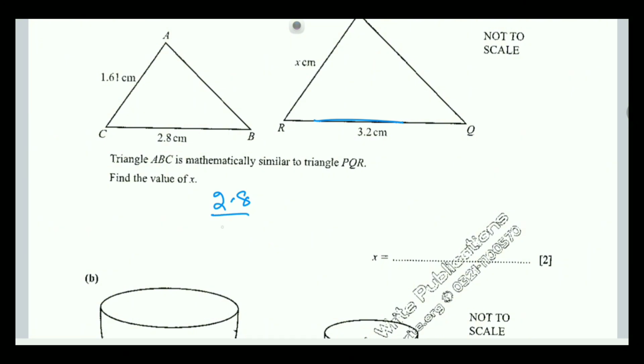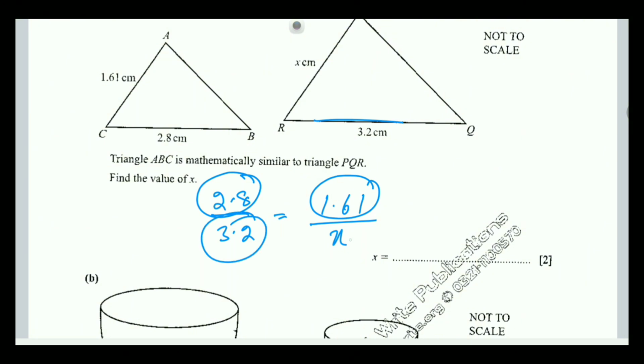So we will write here 3.2 is equal to, we will take the length of the smaller triangle for the other numerator, 1.61, and the length of the bigger triangle will be x. So one length of the bigger triangle, other length of the bigger triangle.